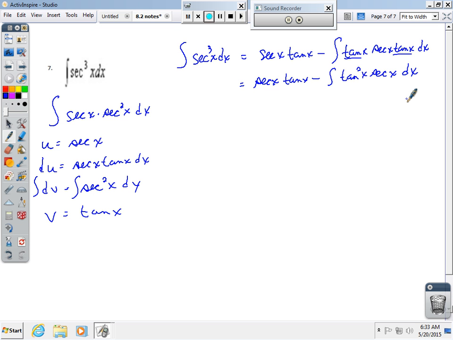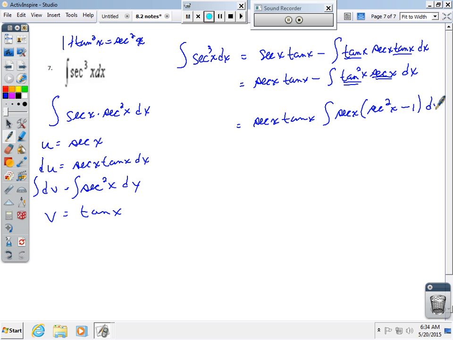I'm going to rewrite tangent squared x, use one of the identities. So that becomes secant x tangent x minus the integral. Tangent squared x is, well, we know that 1 plus tangent squared x equals secant squared x. So tangent squared x is going to be equal to secant squared x minus 1. So that secant x is for that one, and then times the quantity secant squared x minus 1 dx.